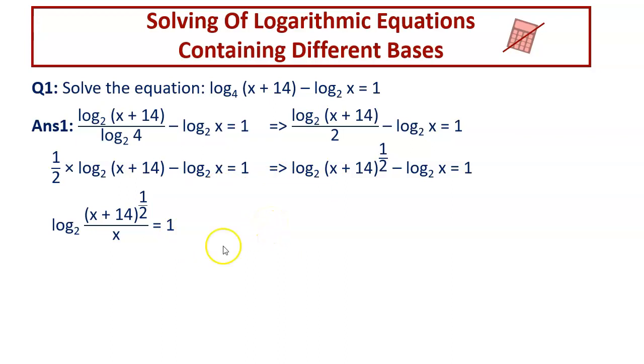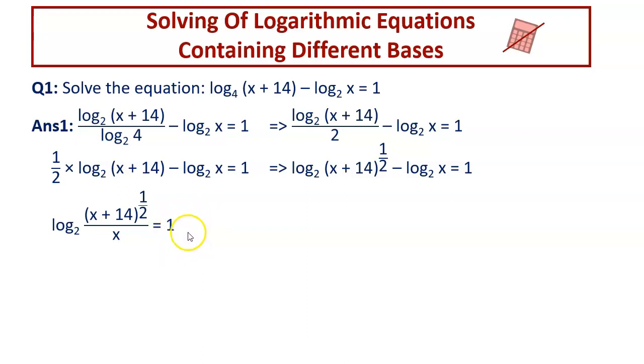Or else what you can do, you can write this 1 as log of 2 to the base 2. And then you will be having one logarithmic term on both sides, on either side of this equal to sign, so that you can cancel the log part and you can take the arguments. It will be x plus 14 to the power of half over x equal to 2, because 1 was written as log of 2 to the base 2.